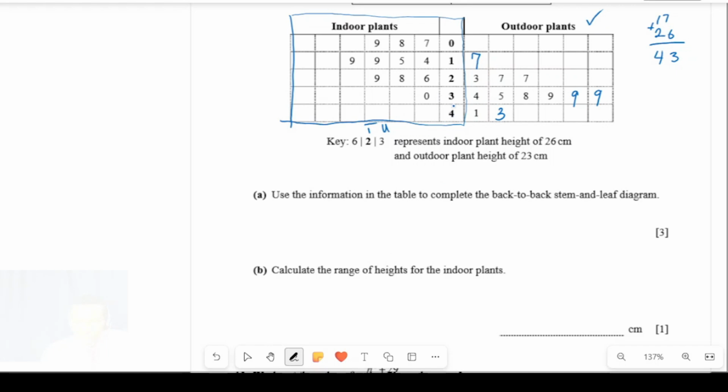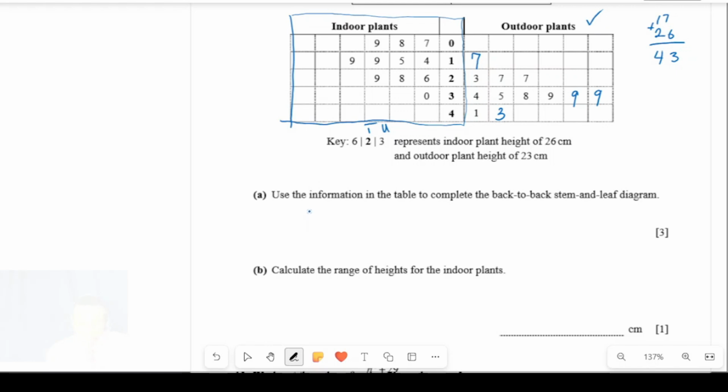So if we want to calculate the range, the indoor plant that we calculated, you have what? 7, 8 cm, then 9 cm tall. Then you have 14. So let's just write the data from the smallest. Let's arrange it from the minimum to the highest.